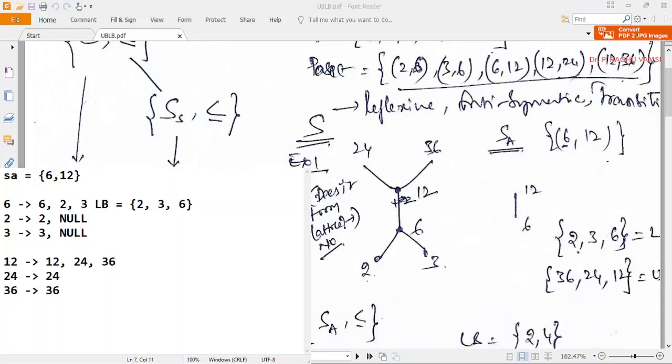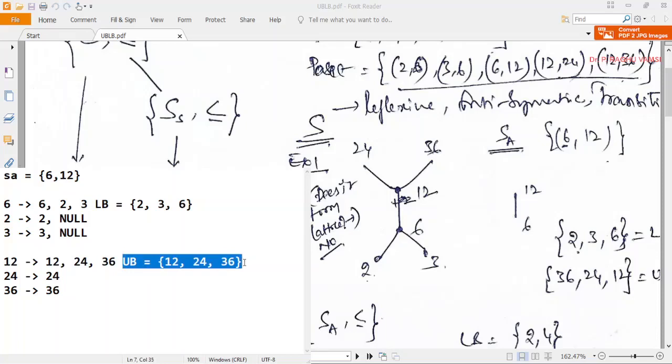But 24 and 36 cannot be compared, because there is no edge between 24 and 36. That is the reason the set we get for 12 will be considered the upper bound. So the upper bound will be the set 12, 24 and 36.